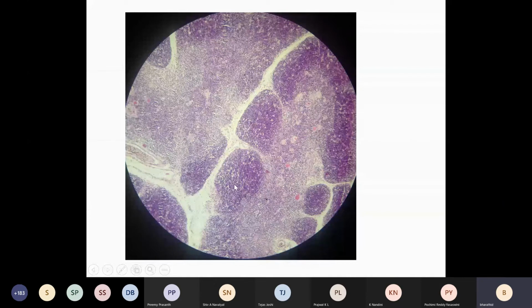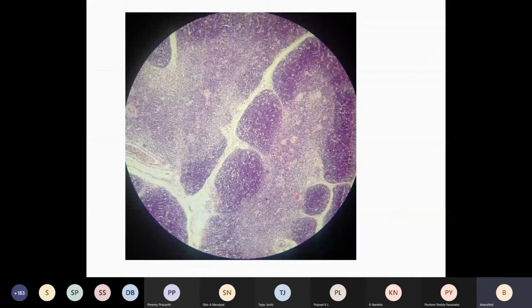This is called cortex, and the cortex contains thymocytes. It is dark because of densely packed T lymphocytes. Here in this region it is light because the cells are less densely packed.